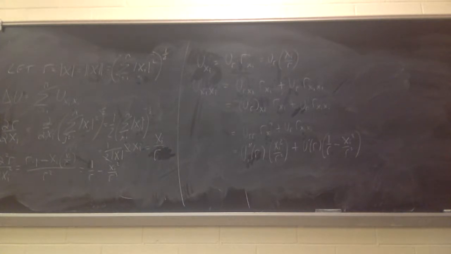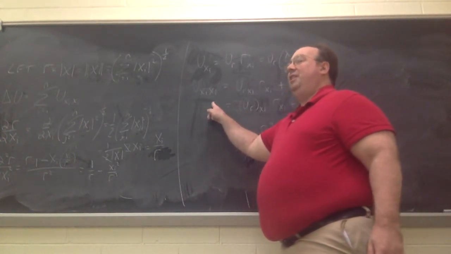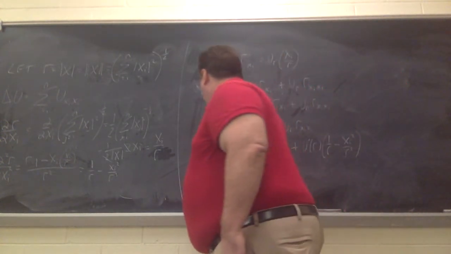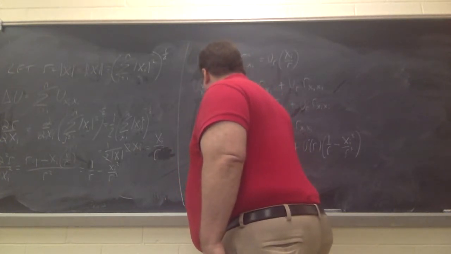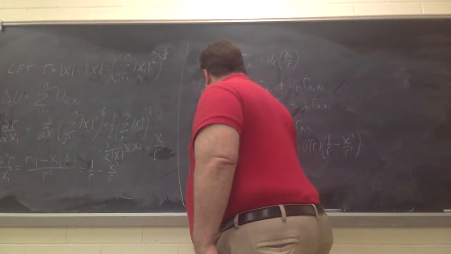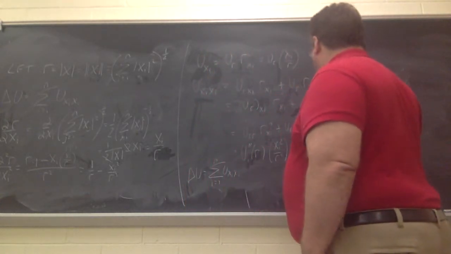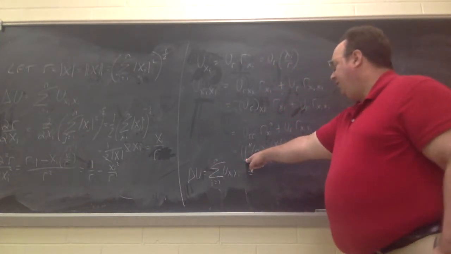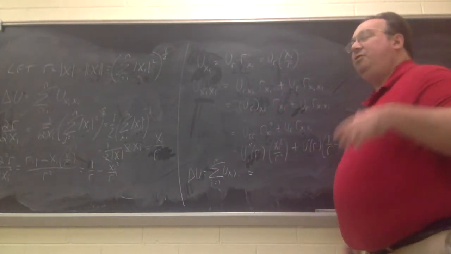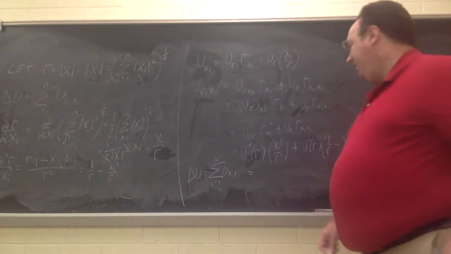So I've done part of it. This is part of the Laplacian, it's one term. So now the Laplacian, which is the sum of all of these, is going to be the sum of all of these. But the nice thing is, this part, a u double prime of r and a u prime of r, those don't depend on i. So I can pull them out of the sum.